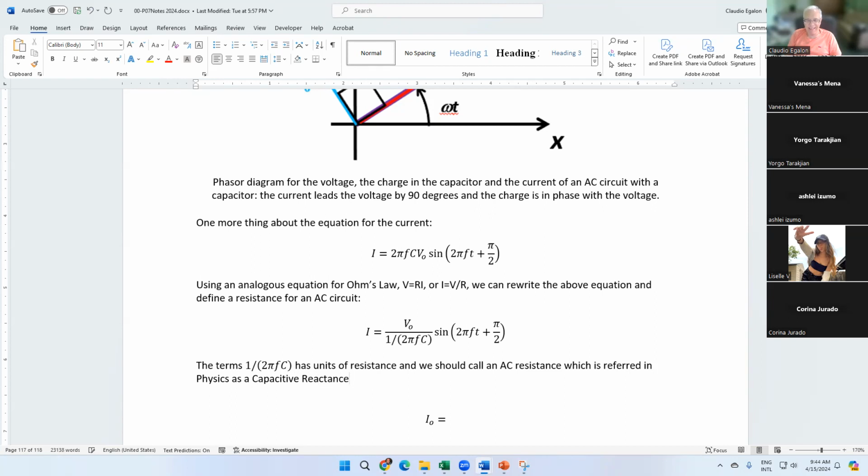Can you remember that? Which we abbreviate by the symbol XC. Capacitive reactance is nothing but an AC resistance.